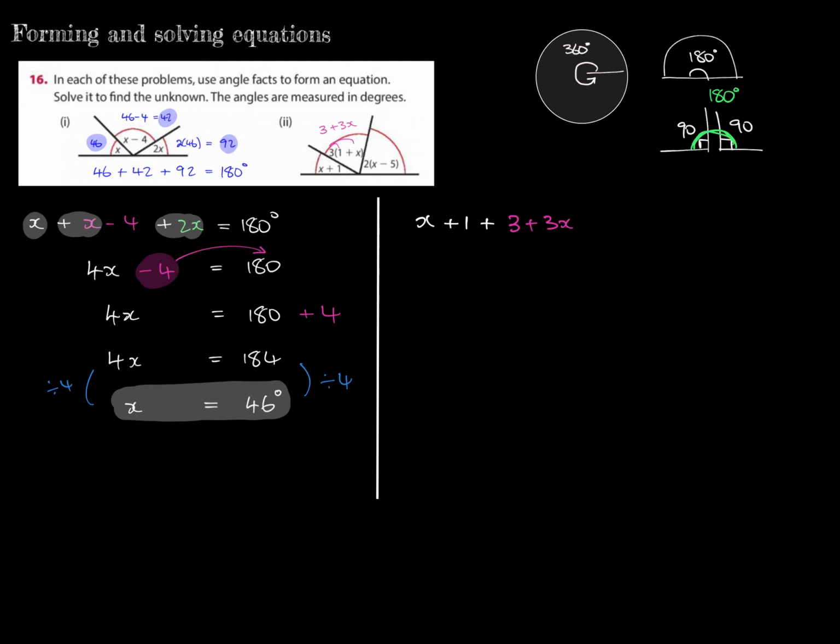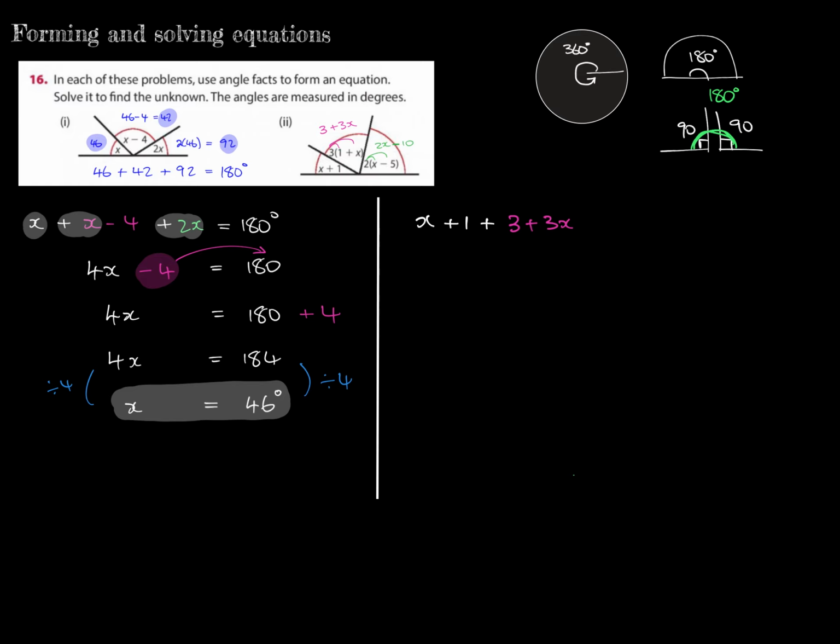Similarly, just to keep things neat and tidy, we'll expand that one there, and when we expand it we get 2x minus 10, because 2 times x is 2x, 2 times minus 5 is minus 10.